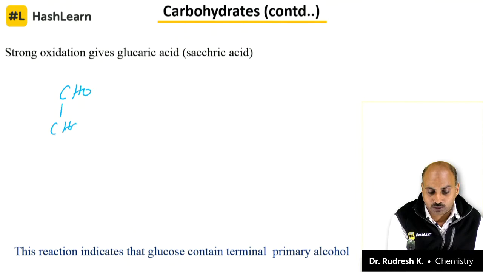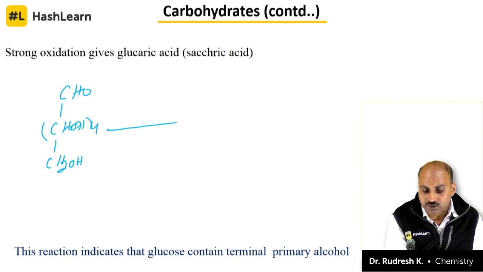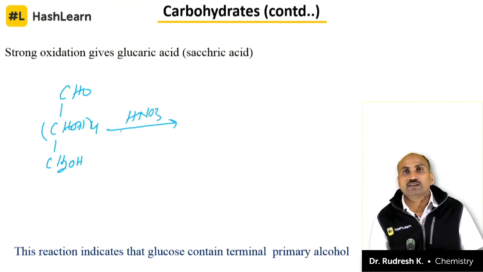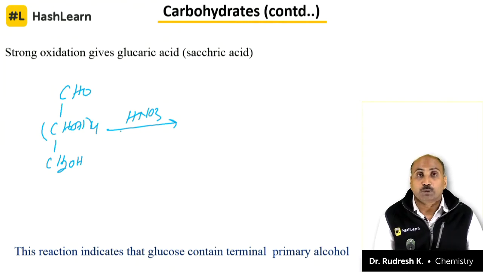What if I take CHO with CHOH four times, then CH2OH, and this is treated with nitric acid, a strong oxidizing agent, or potassium dichromate, such kinds of oxidizing agents.